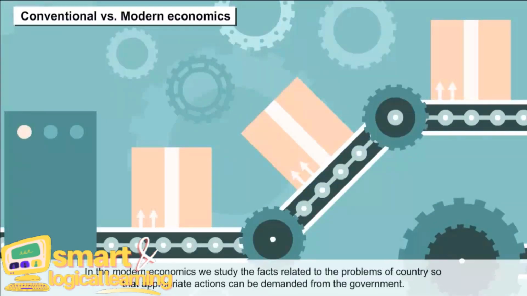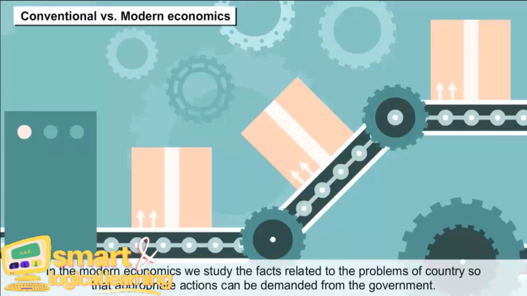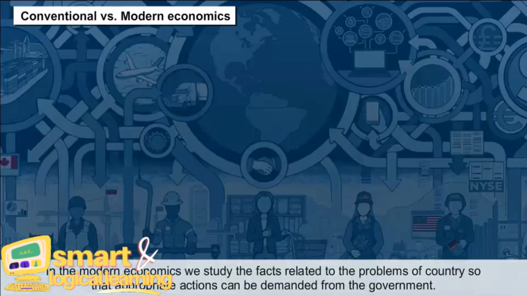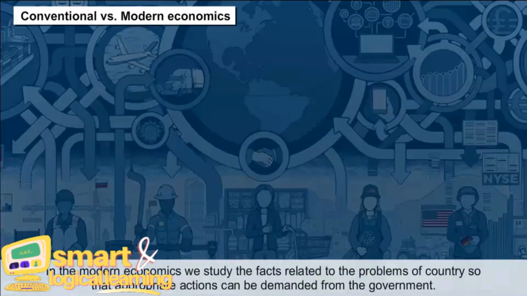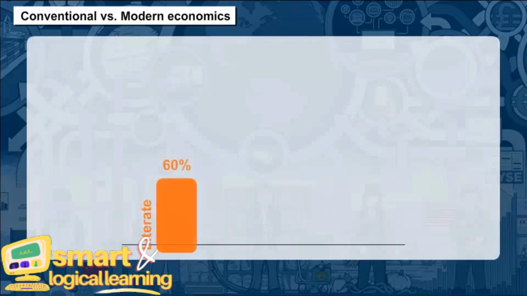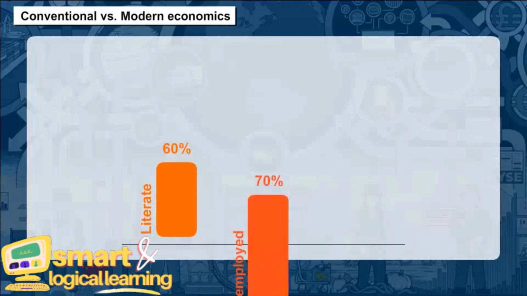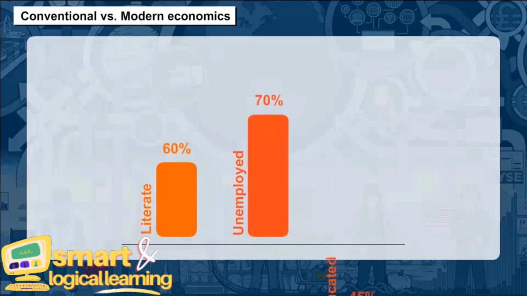In modern economics, we study the facts related to the problems of the country so that appropriate actions can be demanded from the government, like how many people are literate, how many are unemployed, how many are highly educated.